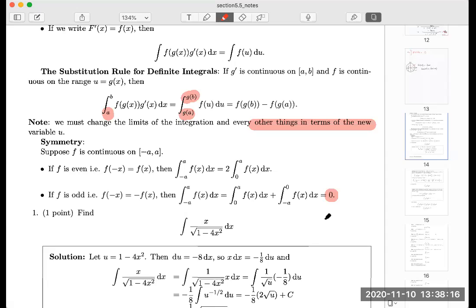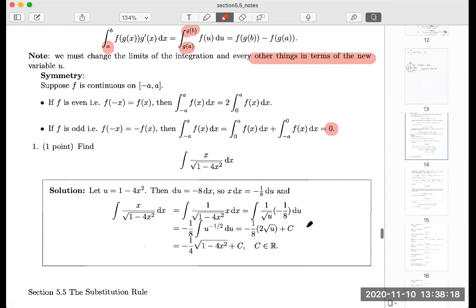And here is a very simple example. Let us go through it. We play with this single example to remind ourselves of every property in this section. First, we need to compute the indefinite integral of this function, right?